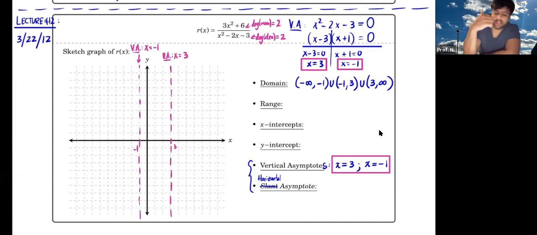In this case, the leading coefficient of the numerator is a 3, and the leading coefficient of the denominator is a 1. So we say that the horizontal asymptote is y equals 3.